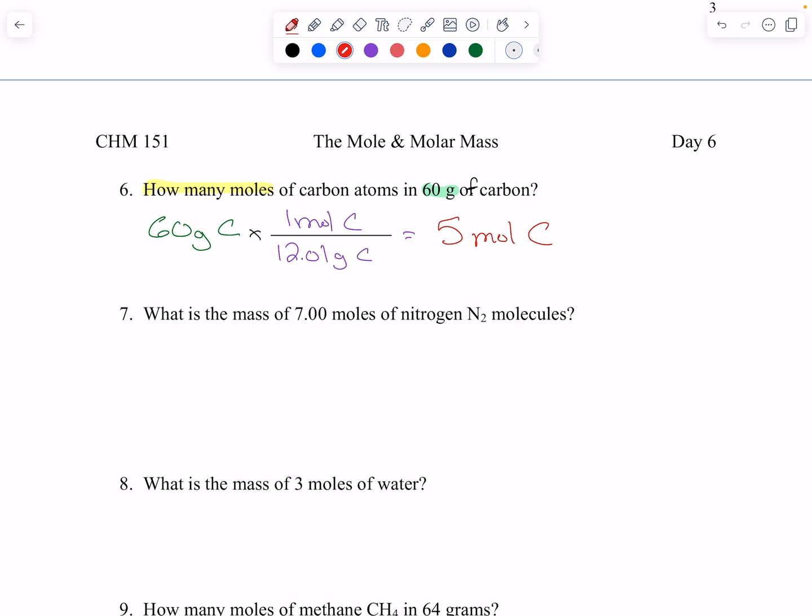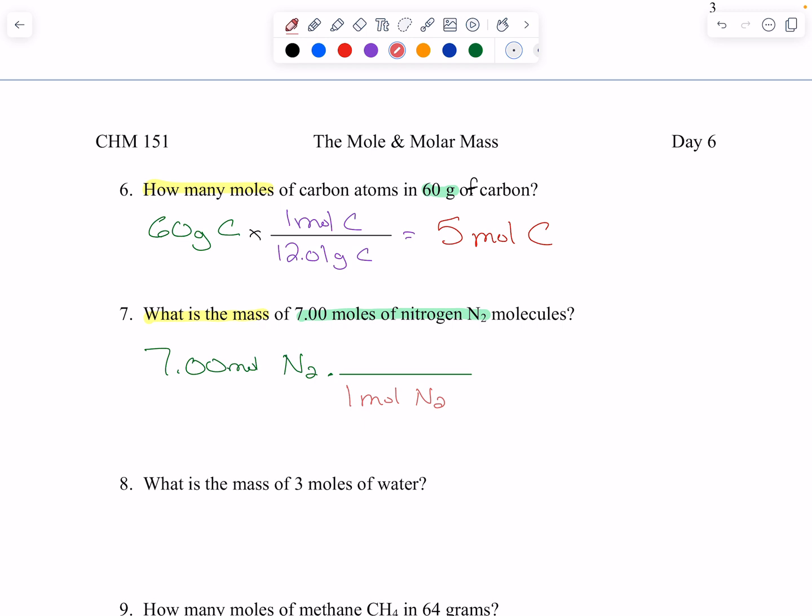All right. Number 7. What is the mass? Again, what is the mass? And we have 7 moles of N2. So 7.00 moles of N2. On the bottom, all right, 1 mole of N2, right?